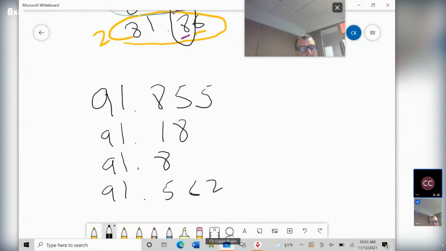And we see that two of them have the same tens place. In this case, we have an 8 here and an 8 there. So that's going to be an indicator of which one is the biggest.